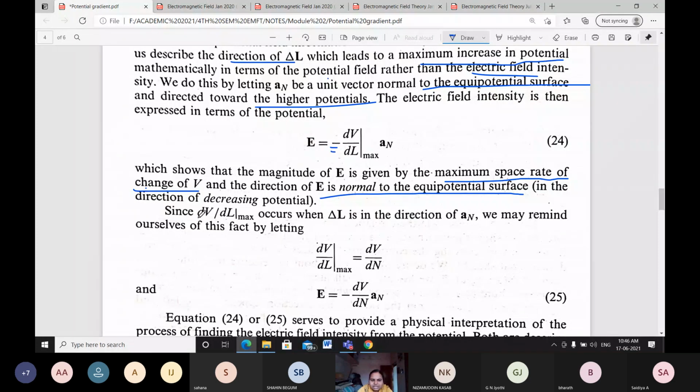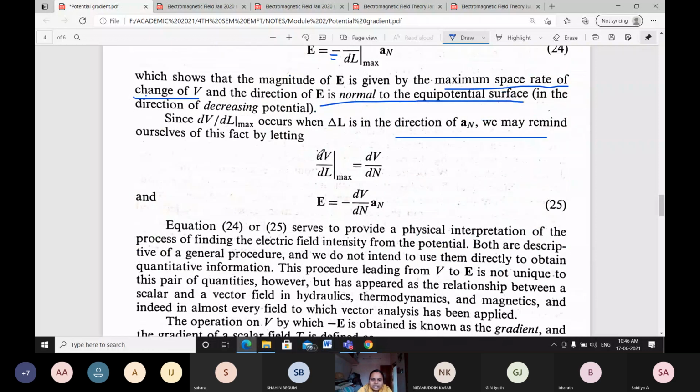Since dV by dL maximum occurs when delta L is in the direction normal to the surface, that is with respect to an, therefore dV by dL maximum is equal to dV by dN with respect to an. For that reason the equation changes to E equals minus dV divided by dN times an.